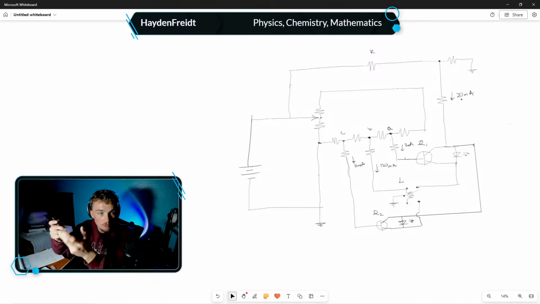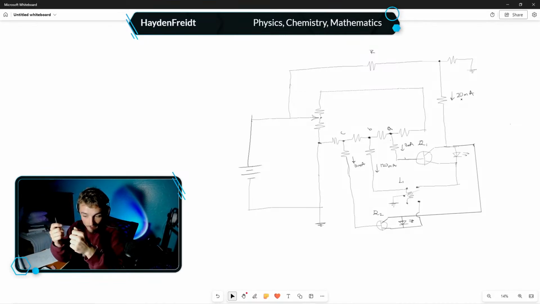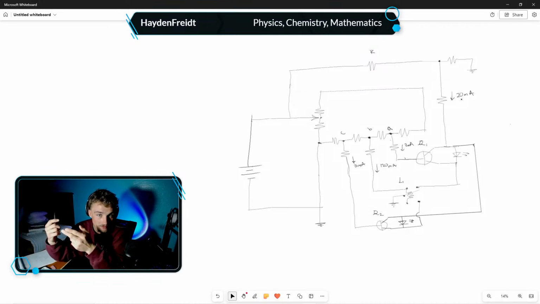Now, also something I want to express is that we have very particular values of resistors. Some values are 68 ohms, 47 ohms, 100 ohms, 150 ohms, 220 ohms. So now when I'm writing down 20 milliamps, 3 milliamps, 120 milliamps, granted, I don't really want to go any less than those.